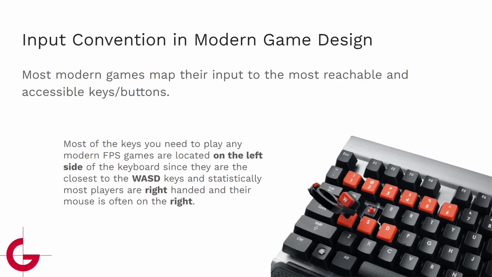So this convention was designed because these keys are easily accessible for players who are using this setup. So that's how we got here, and that's how the modern standard was set.